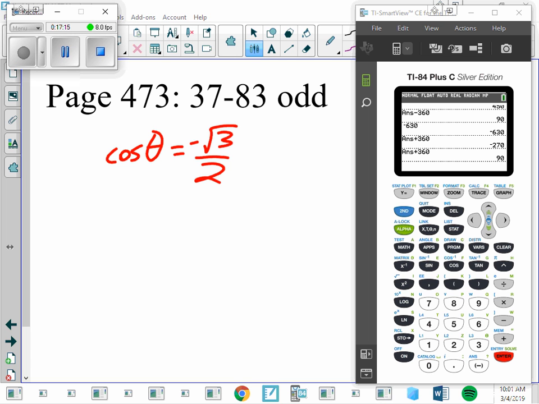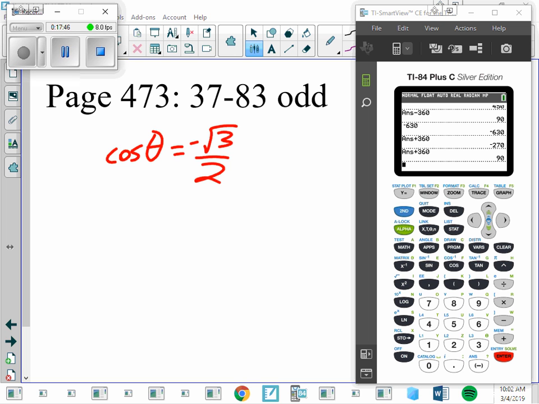What angles in one positive rotation of the unit circle spit out cosine values of -√3/2? Look at your unit circle. Cosine is x or y? X. So which angles create an x value of -√3/2? 150 and 210. Everybody see that?